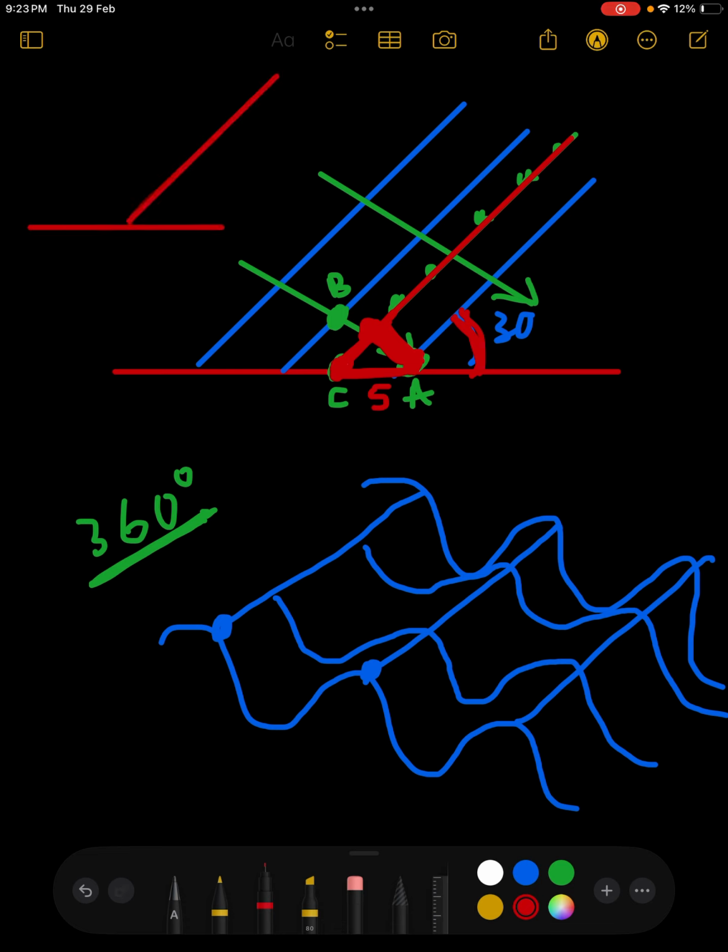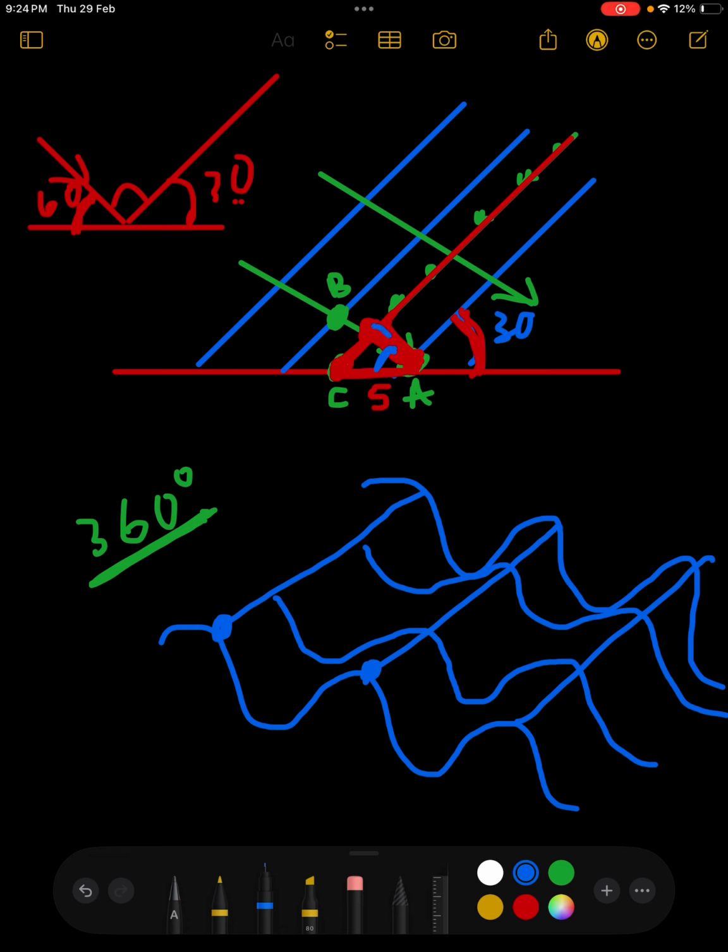The angle there is 30. The direction of movement of the wave and the wavefront are at 90 degrees to each other. So if there is 30, then this one will be 60, which I'll put in blue here.